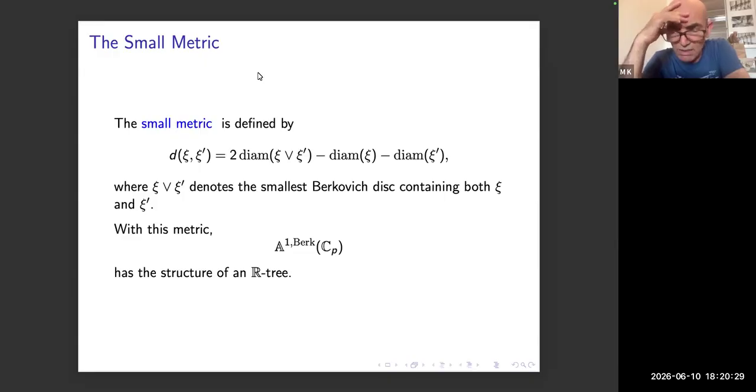The root of this sort of metric, I believe, is in Gromov's work on Gromov hyperbolic spaces.